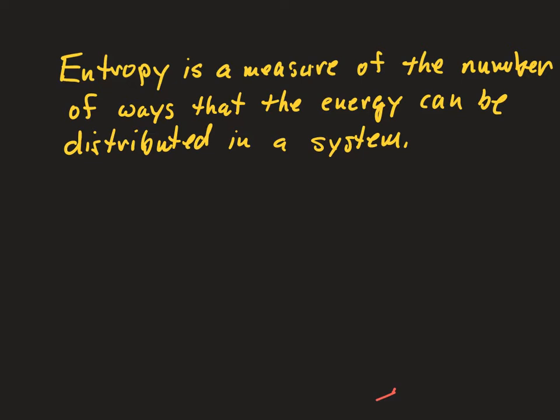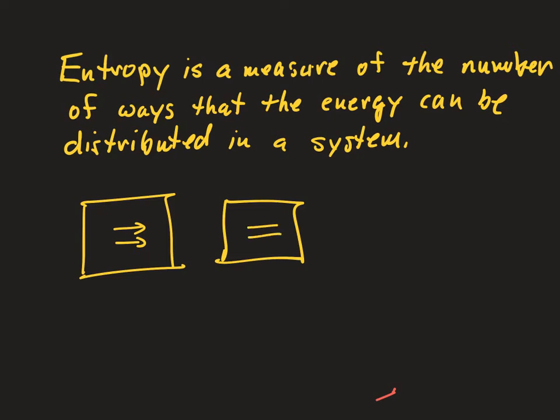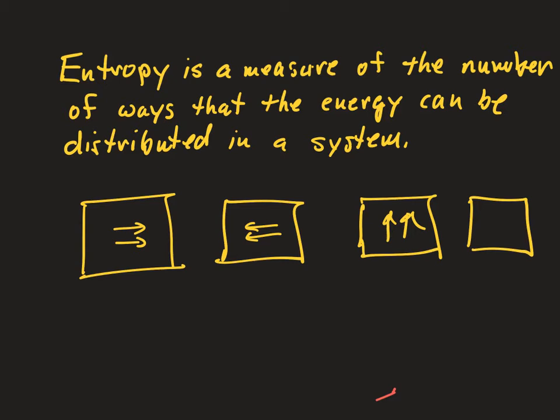Right? And so, let's just look. Say we just have a system of 2 particles, right? They could both be moving this way at the same speed. That's one way, right? They could both be moving this way at the same speed. That's another way, right? They could both be moving this way, at the same speed. But now we could consider them moving in opposite directions.